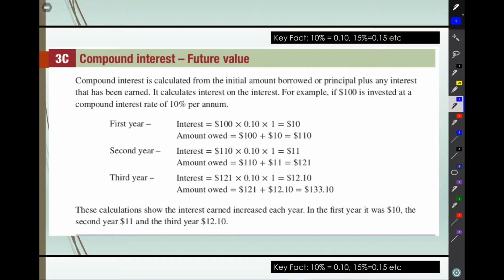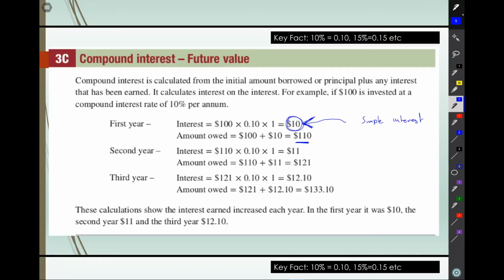For instance, if we invest $100 at 10% for 1 year, this line here is basically simple interest. But after this first year, this is where things get different. The first year the interest is $10, so the total amount of money is $110.